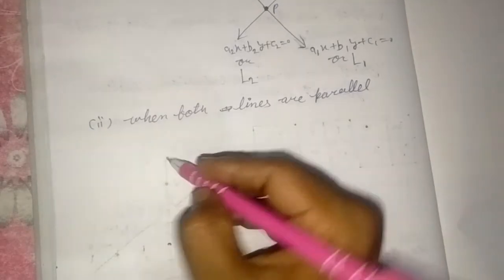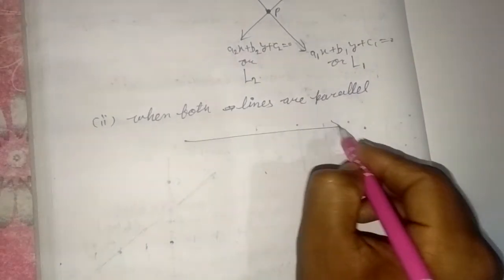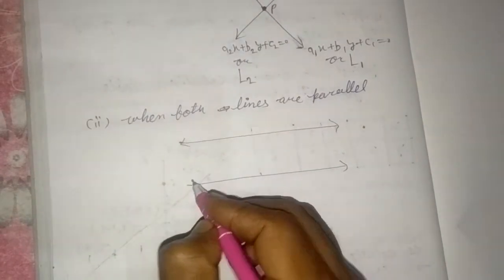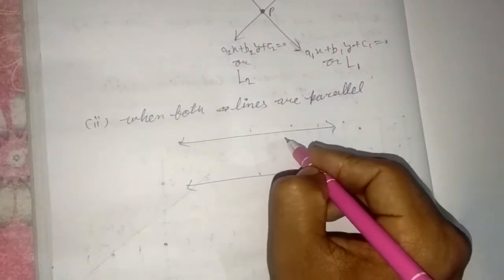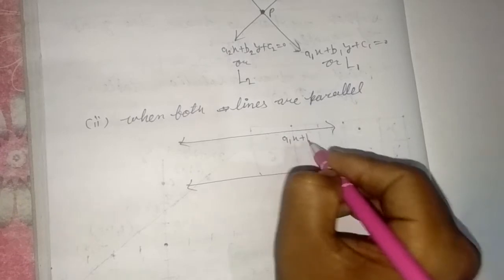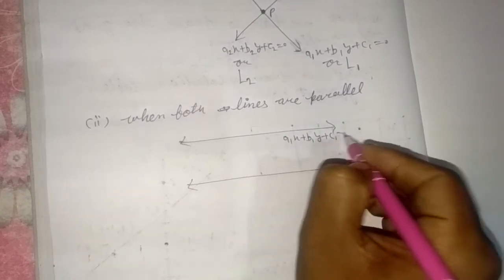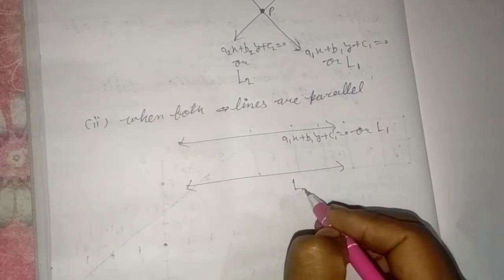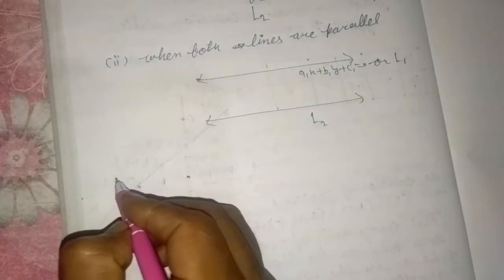Okay, so you can look here, it is the first line and it is the second line. So you can say it is a1x plus b1y plus c1 equals 0, or you can say L1, and it is L2.